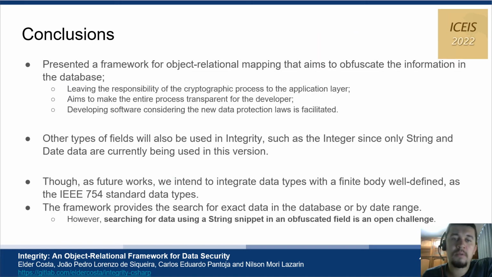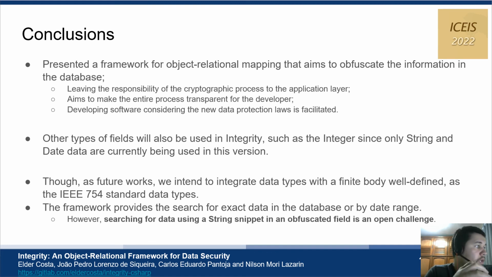For conclusions, we presented a framework for object-relational mapping that aims to obfuscate the information in the database, leaving the responsibility of the cryptographic process to the application layer. So we remove this responsibility from the DBMS, and aim to make the entire process transparent for the developer, so that developing software considering the new data protection laws is facilitated. Other types of fields will also be using Integrity.